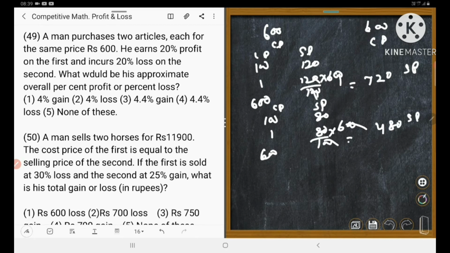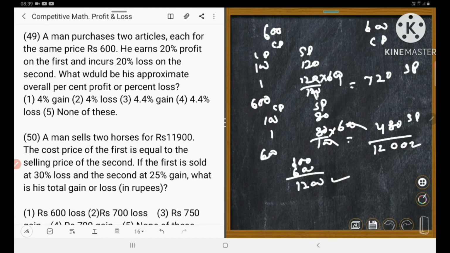So total SP is equal to 720 plus 480, that is 1200. And total CP is equal to 600 and 600, that is 1200. So CP is 1200, SP is 1200. So there is no loss and no profit at all. Could you understand? He purchased for Rs 1200 and sold for Rs 1200.